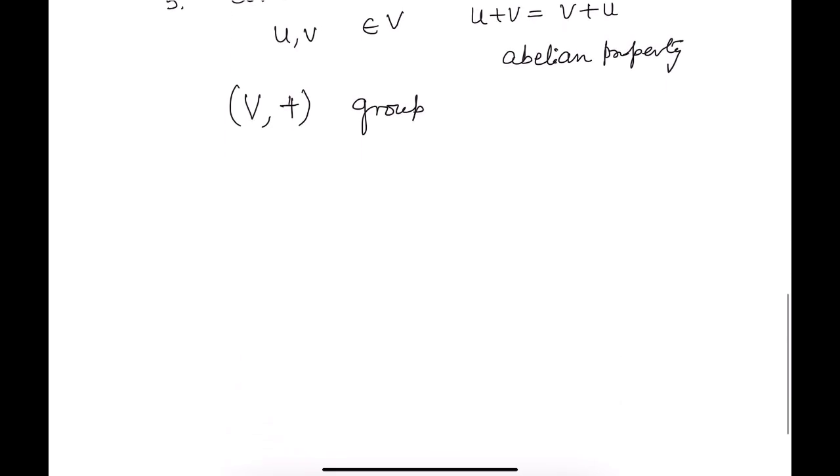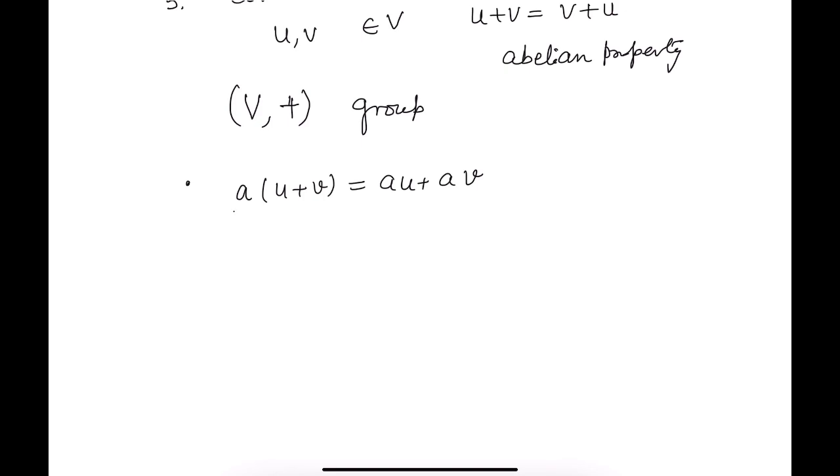Next, these properties are associated with scalar multiplication. Scalar multiplication satisfies the following properties. First, a(u plus v) is equal to au plus av. You very well know that this is the distributive law.